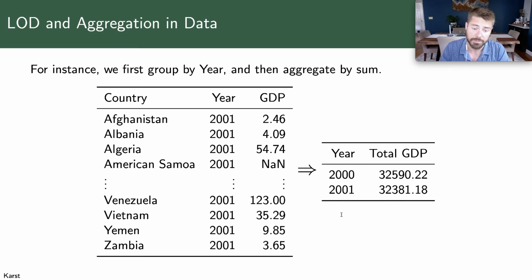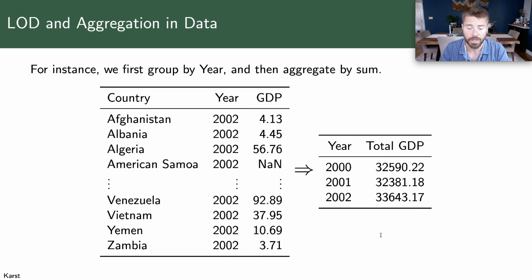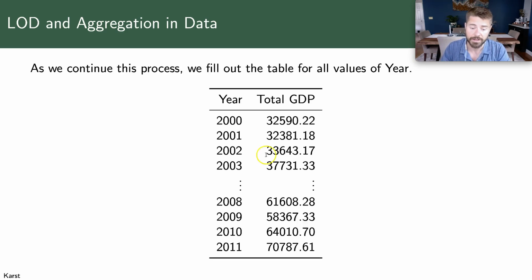And then I would do the same thing for year 2001. I go through the data set, I identify everything with year 2001 from Afghanistan and Albania down to Yemen and Zambia. I sum all of these numbers if that's how I'm aggregating, and that becomes one new row in my coarser data frame, my coarser level of detail. I keep doing the same thing for 2002, and I just keep doing this for all the years, in fact, and now I have a very coarse level of detail.